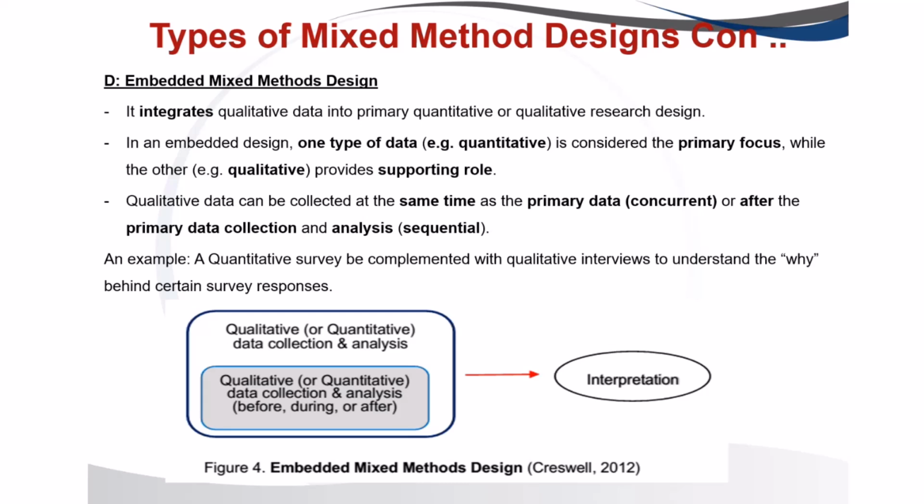An example, I think this example is easy. A quantitative survey can be complemented with a qualitative interview to understand the why behind a certain survey response. For example, I've collected data quantitatively, okay, which is my primary focus. And I've used a questionnaire.